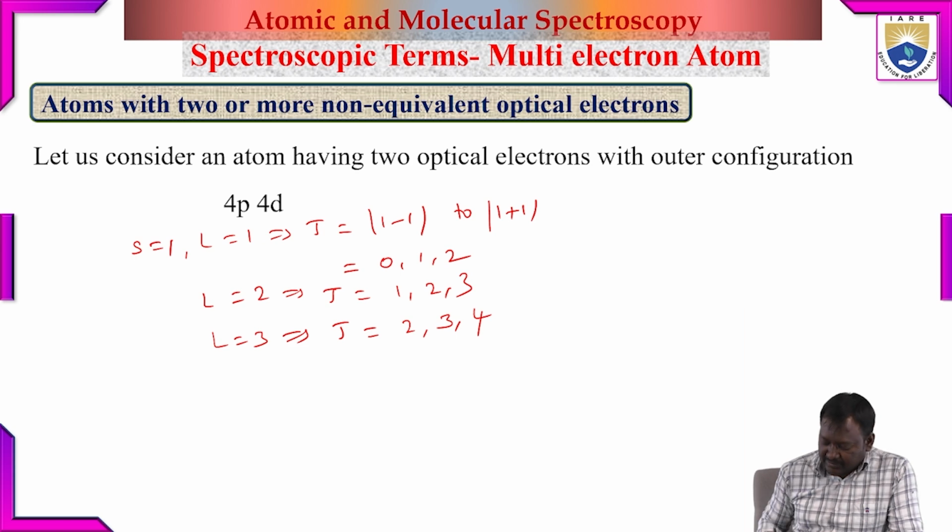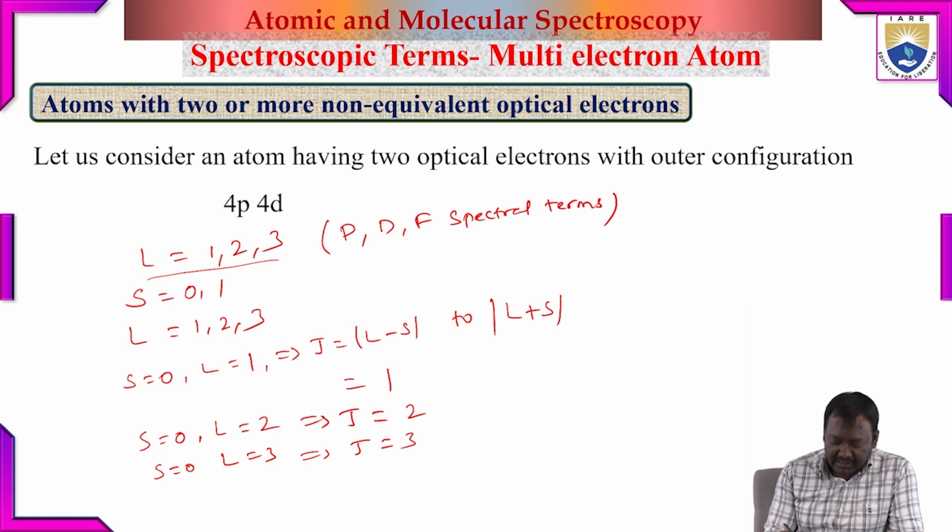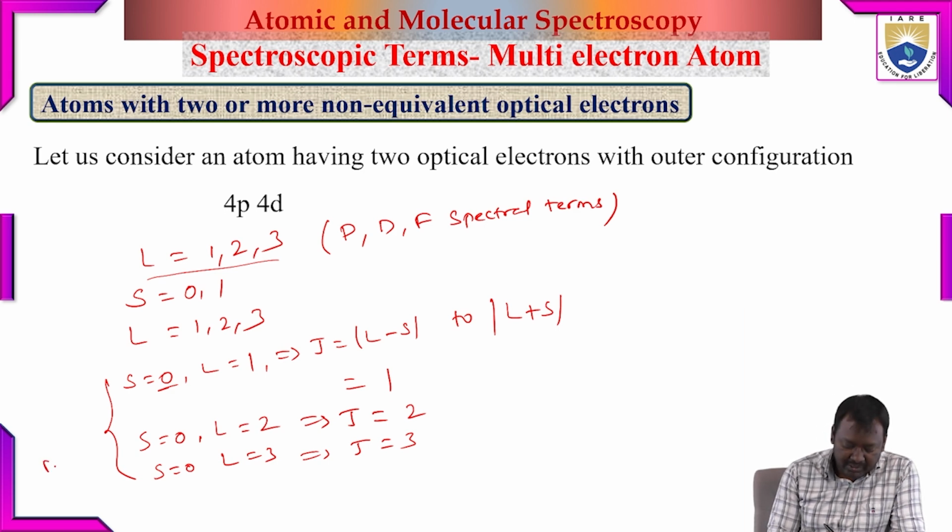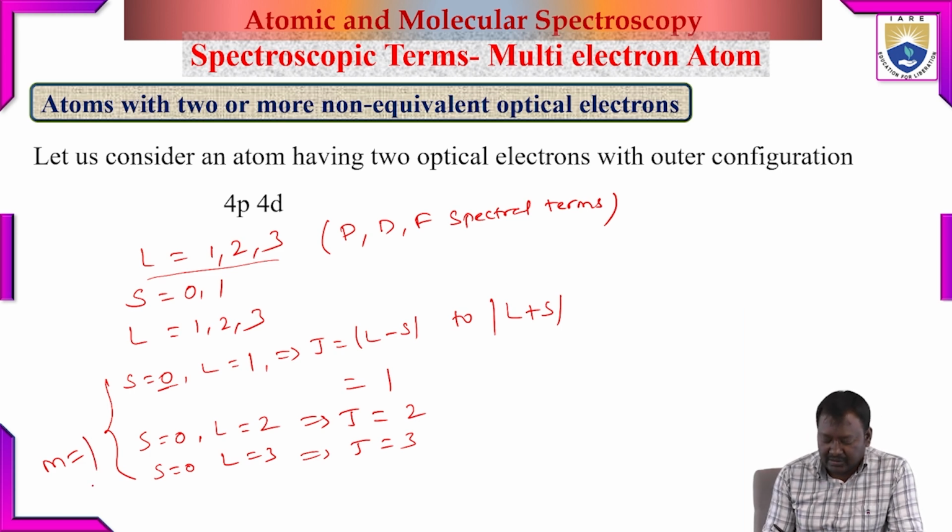So if we write the spectral terms corresponding to these combinations, you can write like here. S is 0, so for all these terms the multiplicity is 2 times 0 plus 1, which means 1. For L value 1, that means P, 1P, J value is 1.